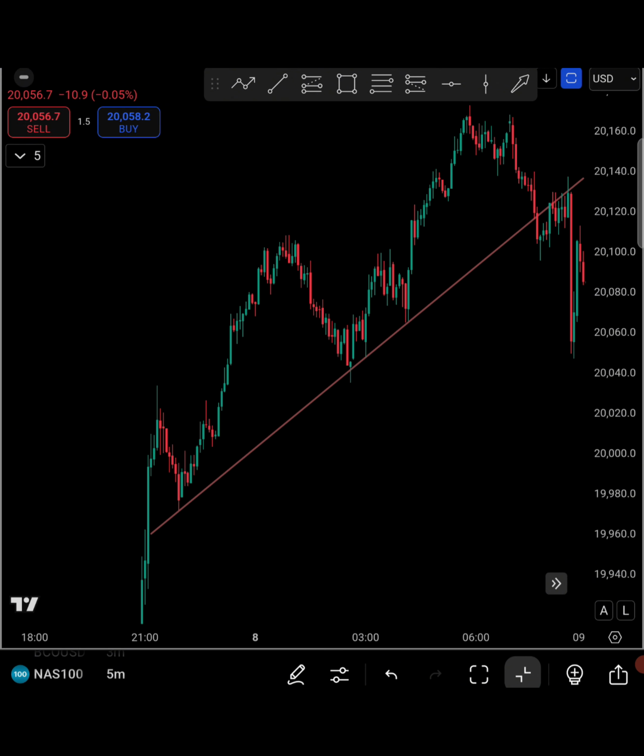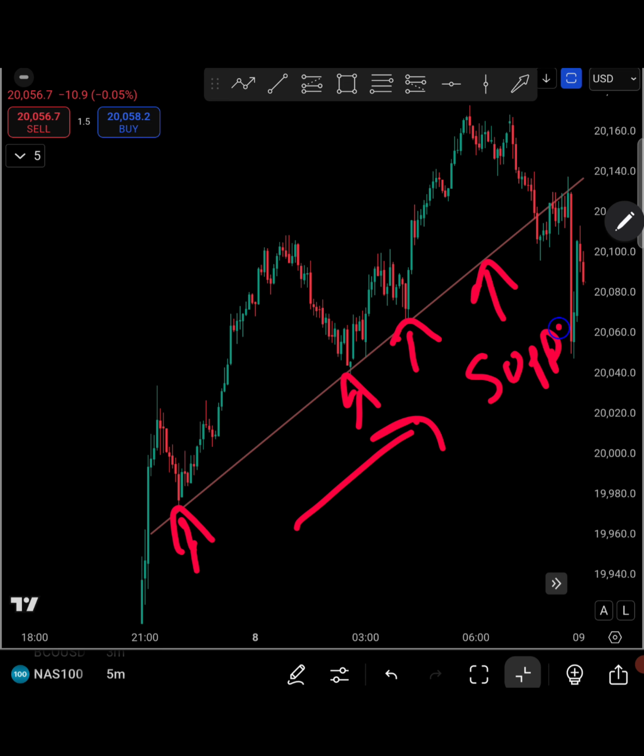There we go. And you can see right here the first touch, second touch, came out a little bit, third touch, uptrend, acts as a support, and shows you the strength of the market.